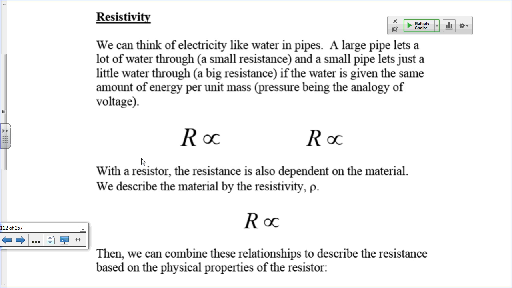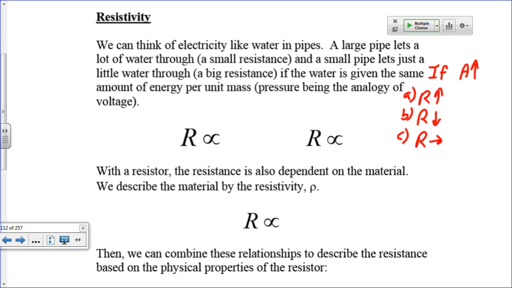So let's imagine that I let the area of my device go up, whether I'm thinking about water flowing through a pipe or electricity flowing through some electrical device, wire, piece of material, whatever. If I let that get bigger, does the resistance go up? Does the resistance go down? Or does the resistance remain the same?